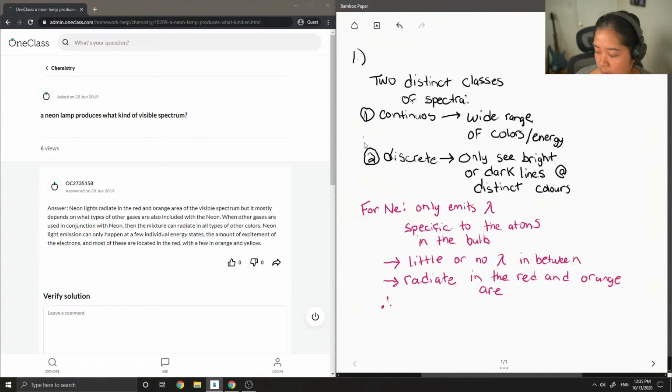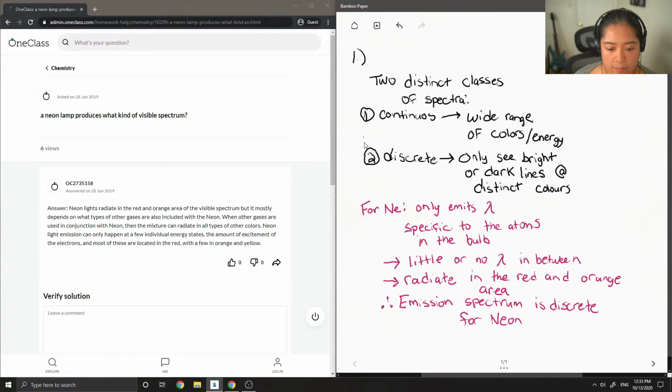Okay, so therefore the emission spectrum is discrete for neon. Since neon doesn't give a wide range of different colors and energies, it's not a continuous spectra, and it's known as discrete. So it tends to radiate light in the red and orange area.